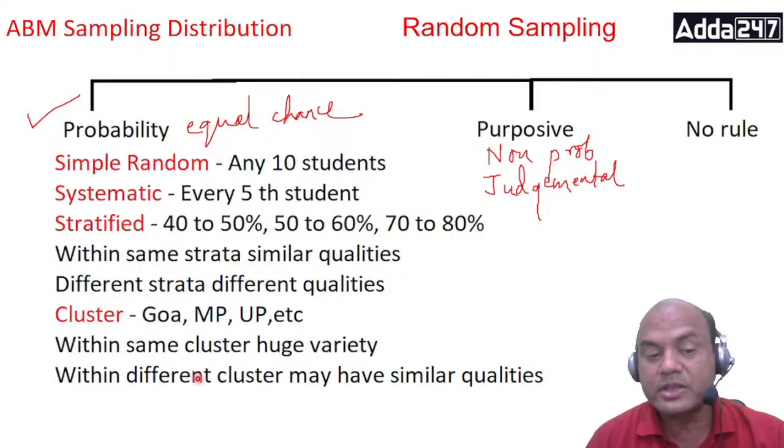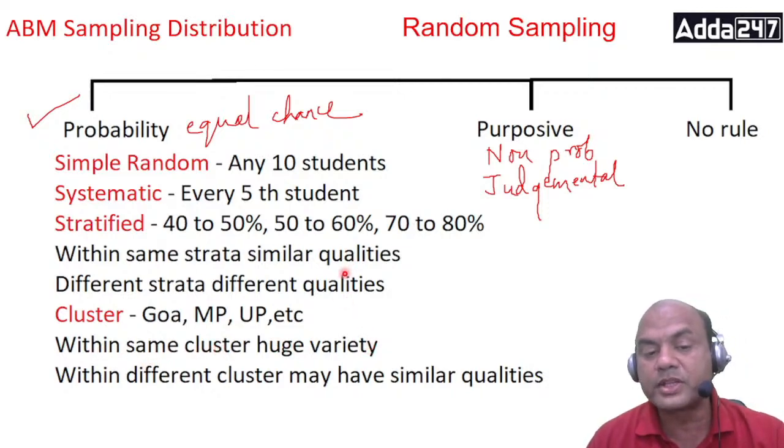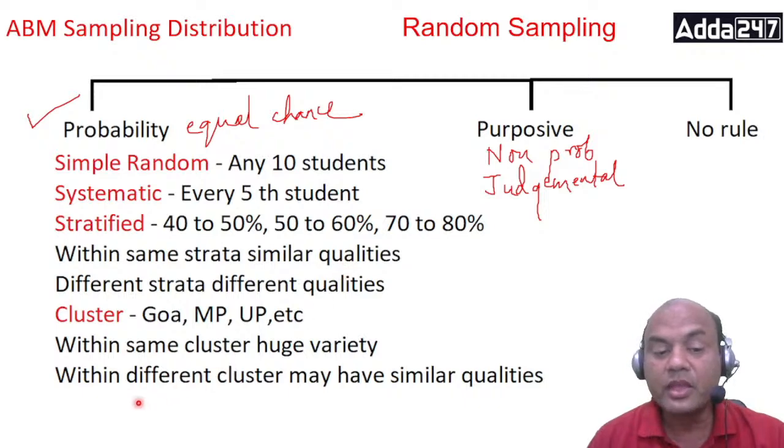The reverse is the case with cluster. Within the same cluster, there is huge variety. Somebody is from Goa. In Goa also there will be a student of 80 to 90%, and there will be a student of 40 to 50%, right? So within the same cluster, there is huge variety. It's exactly opposite of stratified.